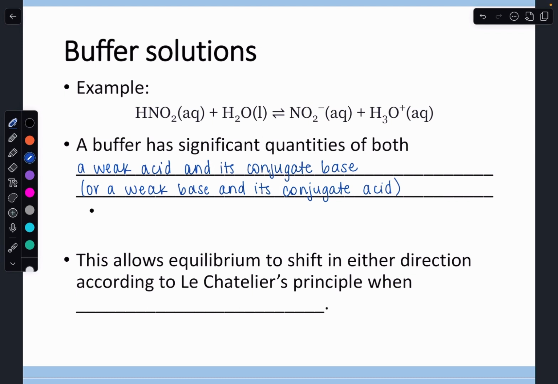So an example is if both nitrous acid, HNO2, and sodium nitrite, NaNO2, or in general, just NO2 minus, this polyatomic ion, are added to solution. Having both acid and conjugate base or base and conjugate acid present in solution allows the equilibrium to shift in either direction according to Le Chatelier's principle when other acid or base is added.